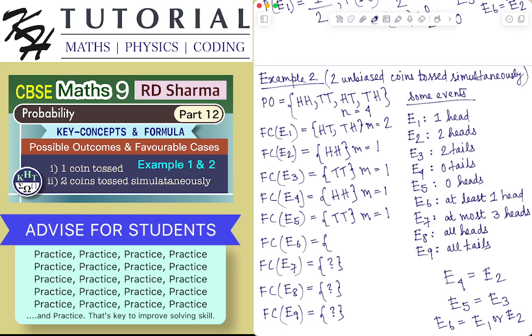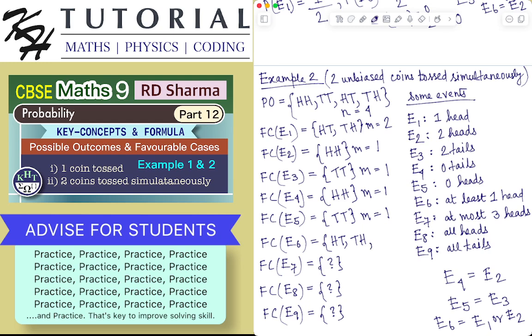So what will be the collection of the favorable outcomes of E6? It will be all the favorable outcomes of E1 and all the favorable outcomes of E2. So what are the favorable outcomes of E1? It is head tail and tail head. And what are the favorable cases for E2?